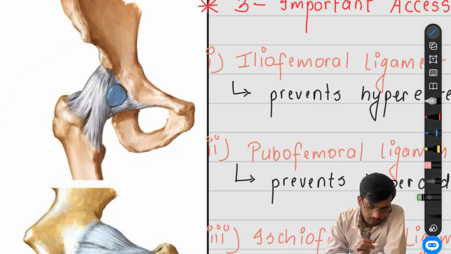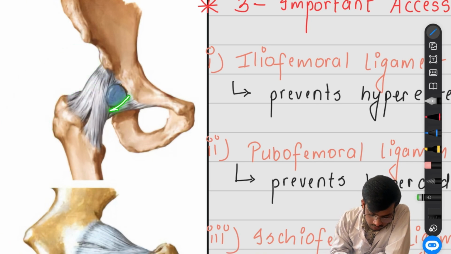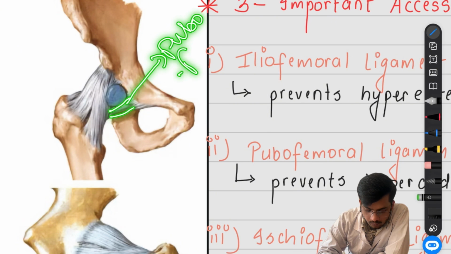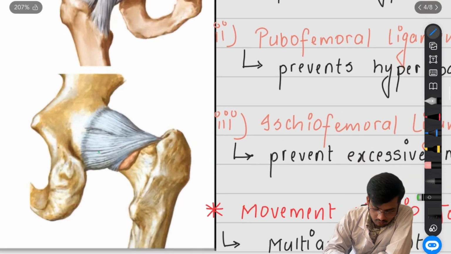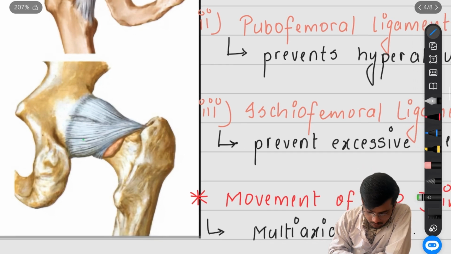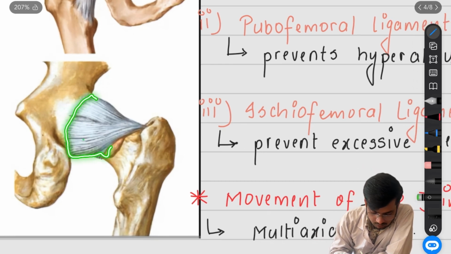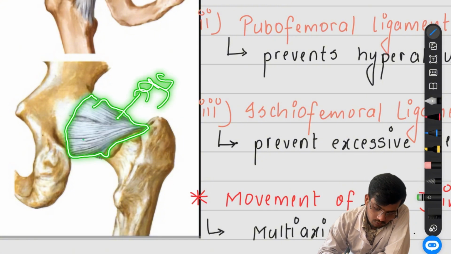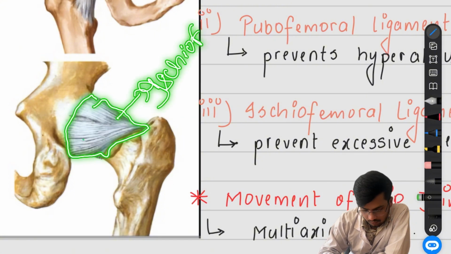And this one ligament, you can see, it is your pubofemoral. And this one ligament, you can see, is your ischiofemoral.